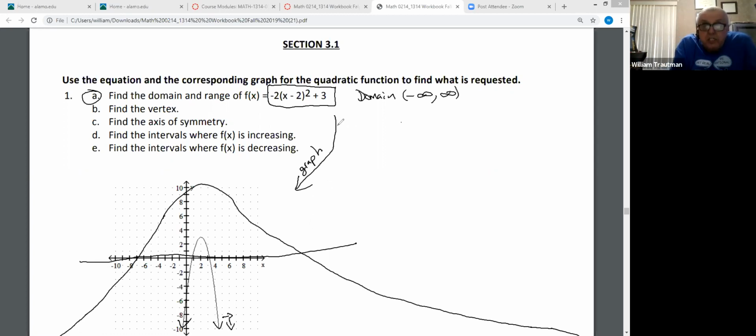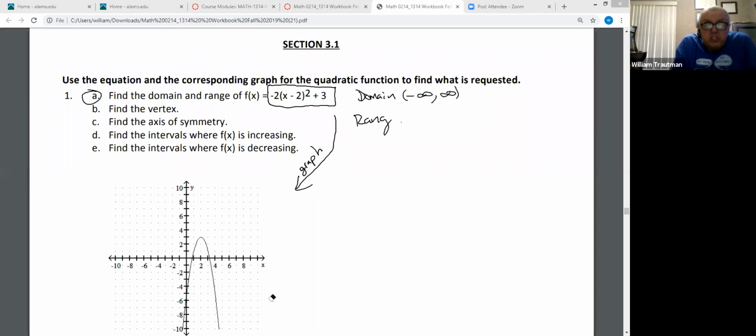Now the range is different. Don't forget, range is the y values. This is the highest y value, and the lowest y value goes way down here, -10. It goes all the way down to -infinity.